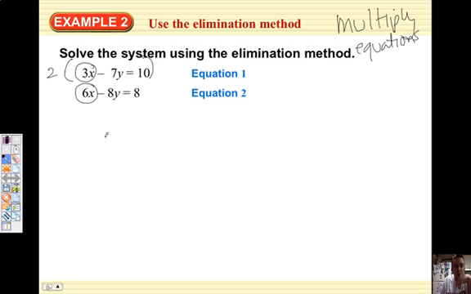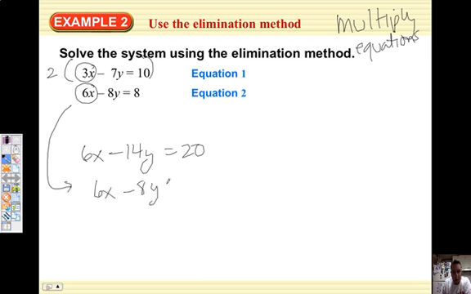What would happen? I'm going to rewrite it down here. 2 times 3x, there's 6x. 2 times minus 7, that's minus 14y, equals 2 times 10, 20. This equation is actually the same exact thing as this equation. It's no different if you graphed it. Okay? I'm going to rewrite this one down here. 6x minus 8y equals 8.